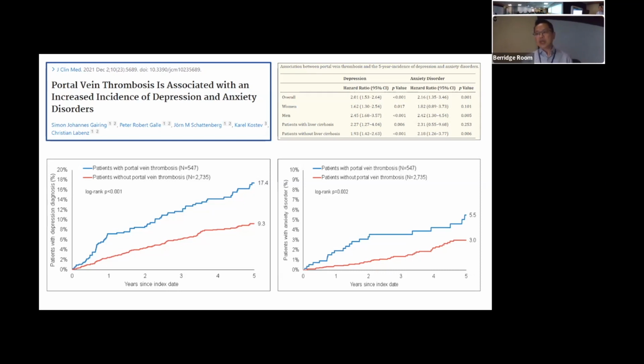Nevertheless, it is a condition which can be life-threatening, debilitating, and very difficult to deal with. And certainly, I know of one of my patients, despite the recanalization, good flow, etc., did actually commit suicide not long ago. So we should not underestimate the enormity of this condition on the psychological aspect for the patient.